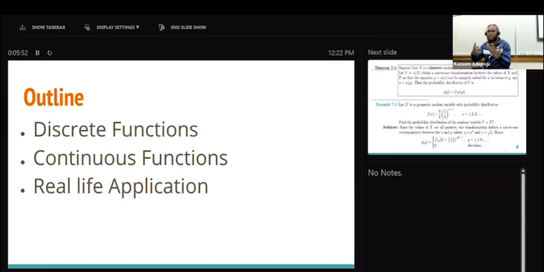This actually cuts across. We're going to talk about the discrete functions. We're going to talk about continuous functions, and how some functions are derived from the existing probability function that could either be discrete or continuous.